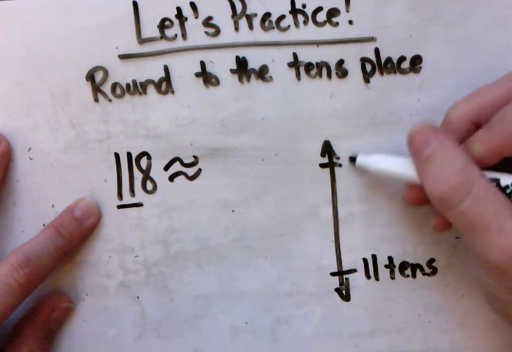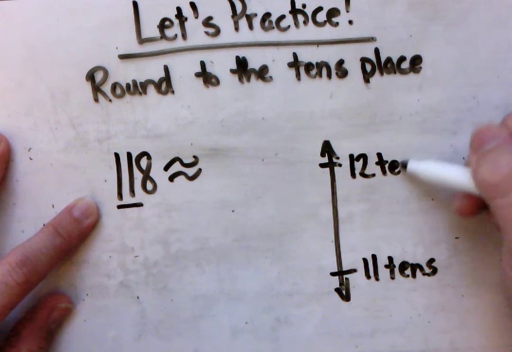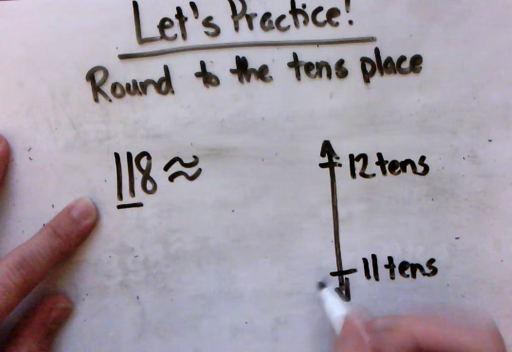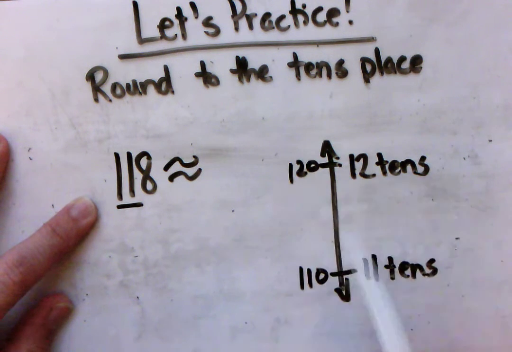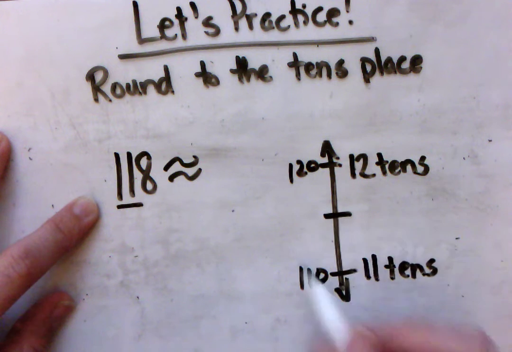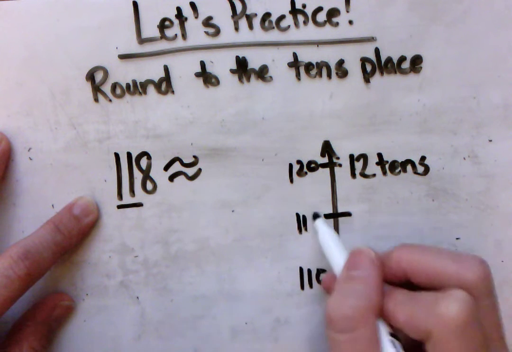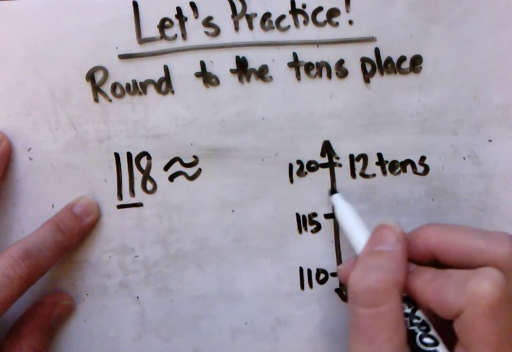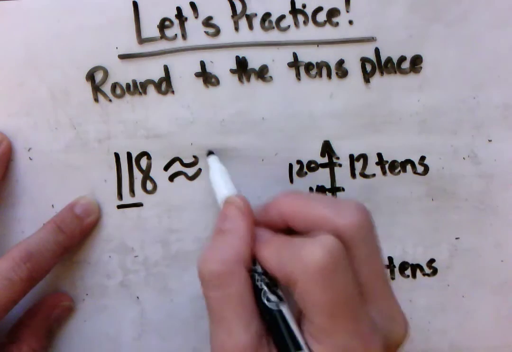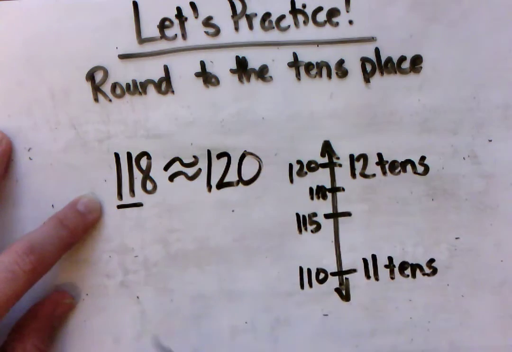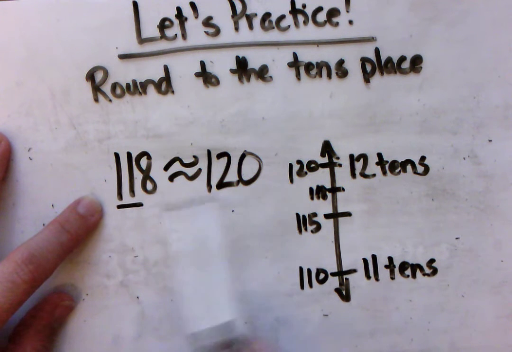If I had one more 10, I would have 12 tens. Let me write that in standard form. What's halfway between? Where would I find 118? 118 rounds to 120.